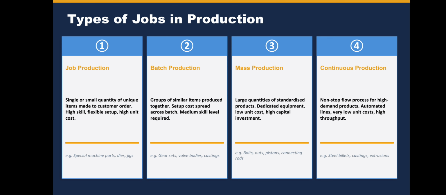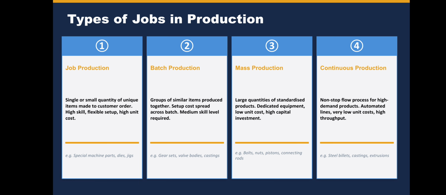Examples are bolts, nuts, pistons, connecting rods. These are all included in automobile production, where large quantities of parts are needed to develop an automobile.